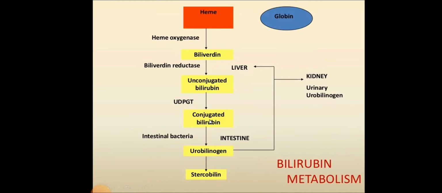So any defect which affects the uptake of bilirubin in the liver or the conversion into conjugated bilirubin is classed as hepatic jaundice because it is happening in the liver.